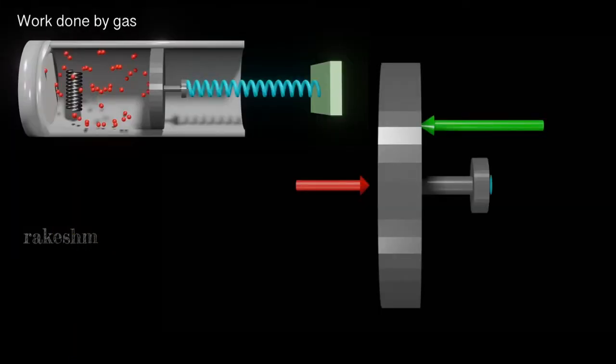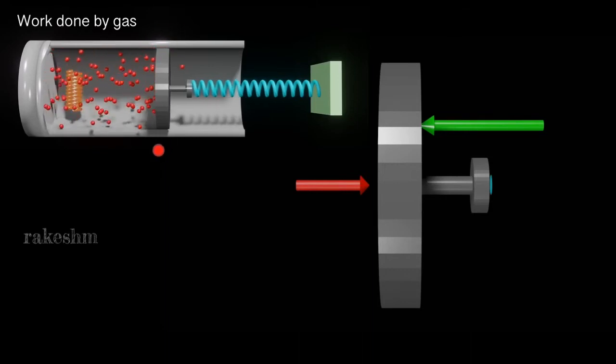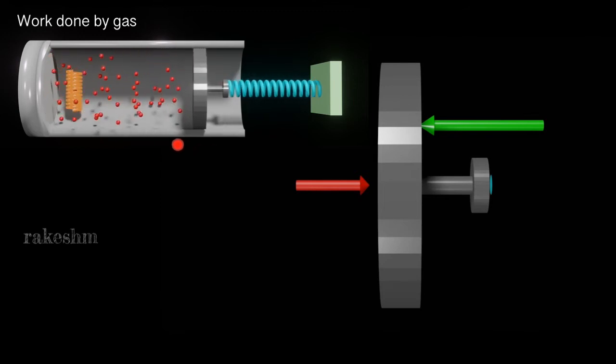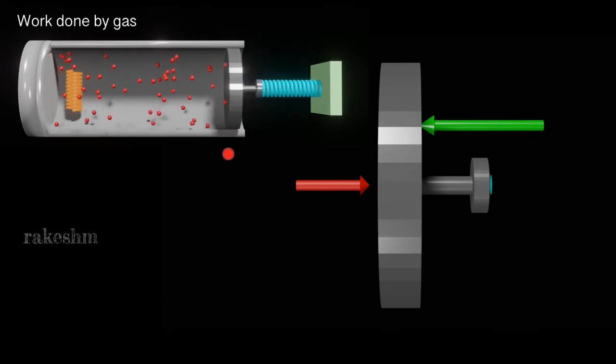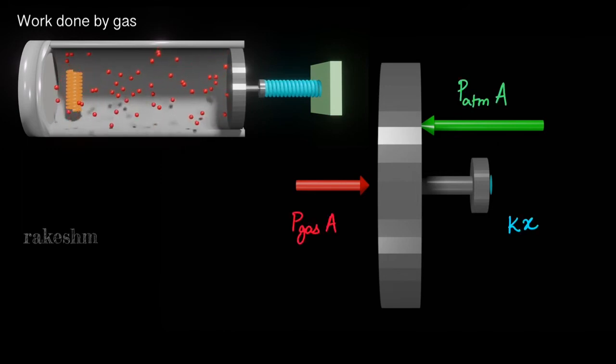Next, let us find the work done by the gas. During the thermodynamic process, this gas exerts a force on the piston and displaces the piston, so this gas does some work. Let us consider the free body diagram of the piston here. The forces acting on the piston are the force due to the gas pressure, which is P gas into area of the piston, next the force due to the atmospheric pressure, and the next is the force due to the spring.